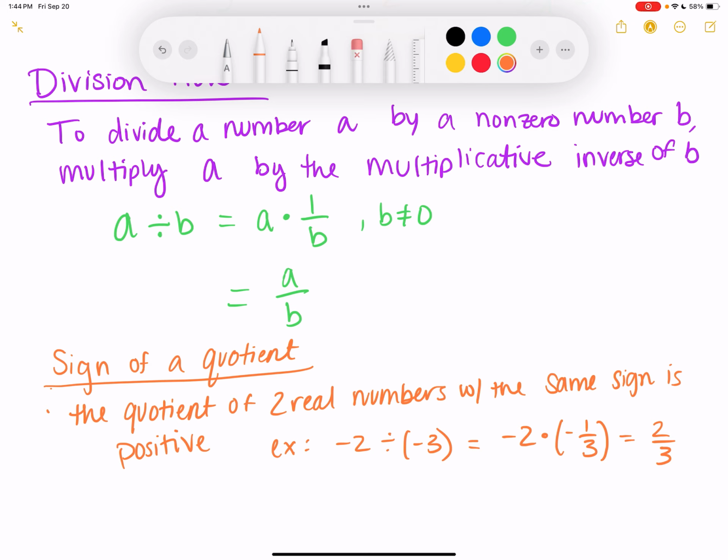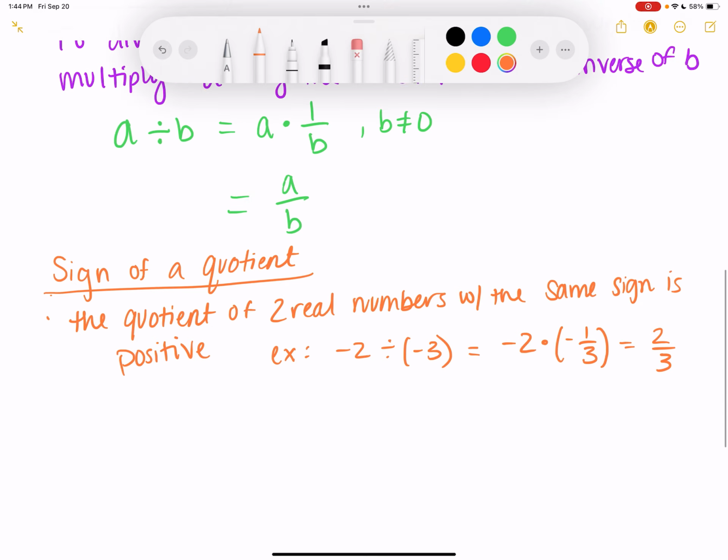In the workbook we have to show the multiplicative inverse of the divisor. I normally wouldn't show it this way. I'm just doing it because it's how the book is showing stuff like this right now. I normally from here would just say -2 over -3, and then just say 2 over 3.